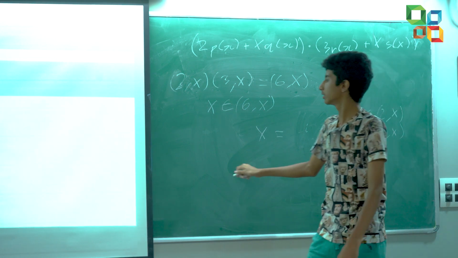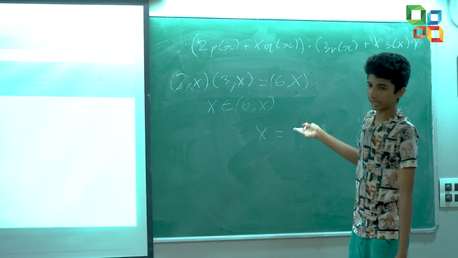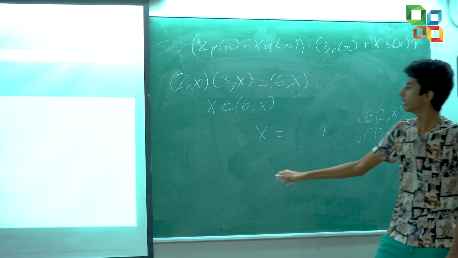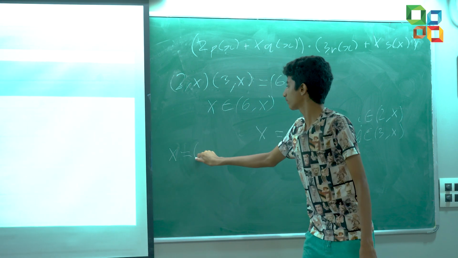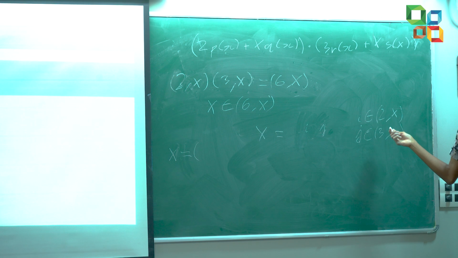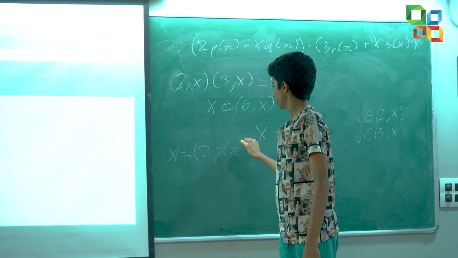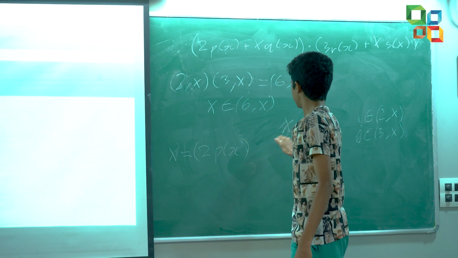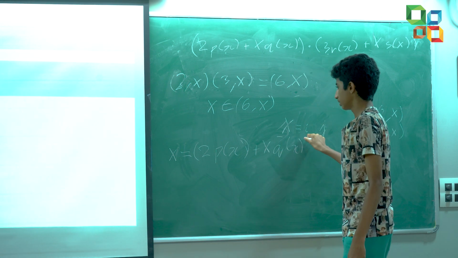What we'll start with is, let's suppose it can be written in this way. Then what is the form of i and j? x is equal to... i will be of the form, since i belongs to 2 comma x, 2p of x plus x q of x, right? This will be the form of i.